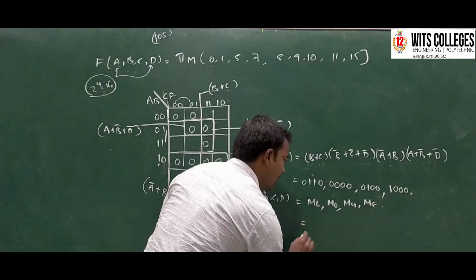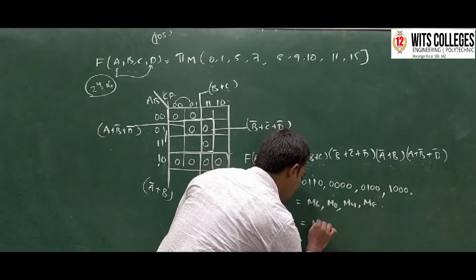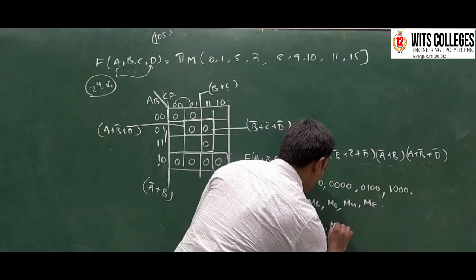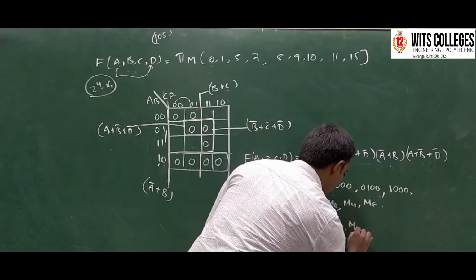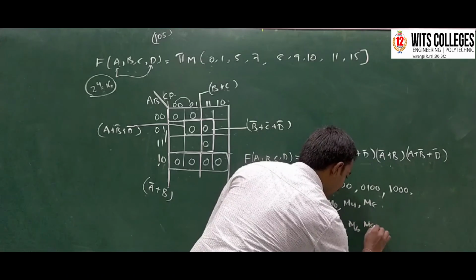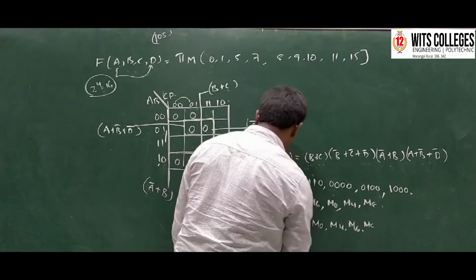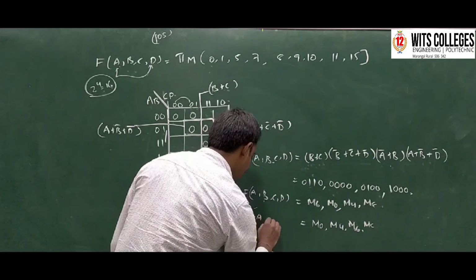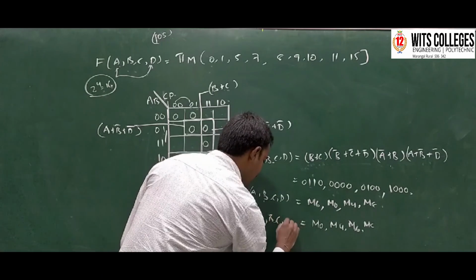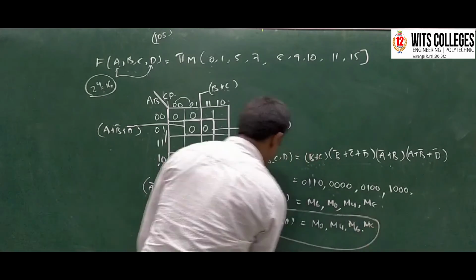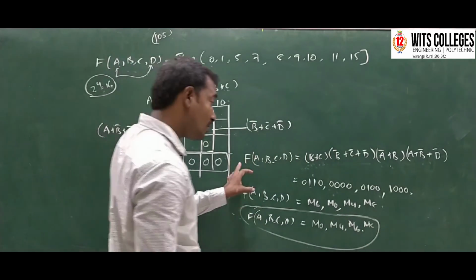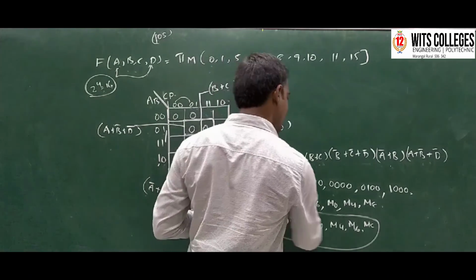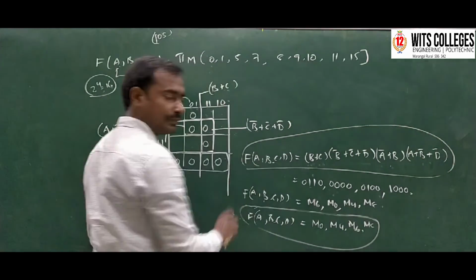So finally, the max terms we have are m0, m4, m6 and m8. These are all the max terms for the given function f of a, b, c, d, and this is the simplified boolean expression.